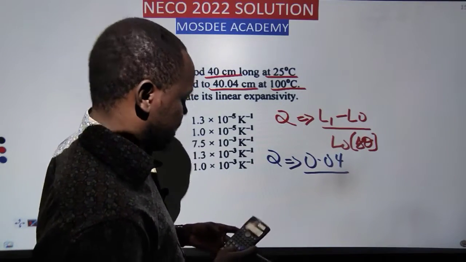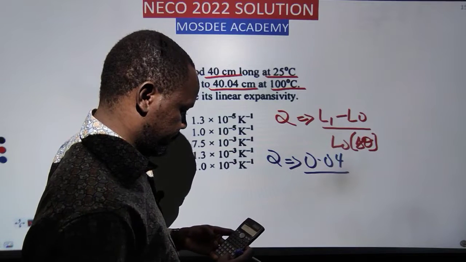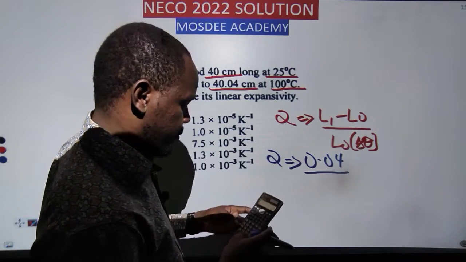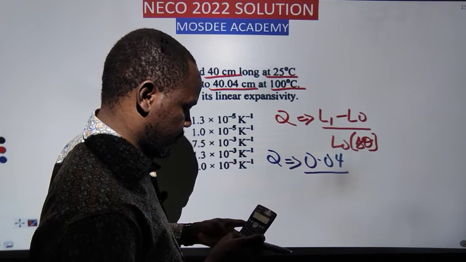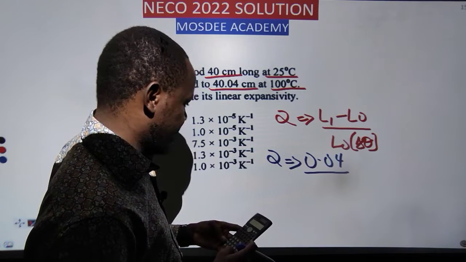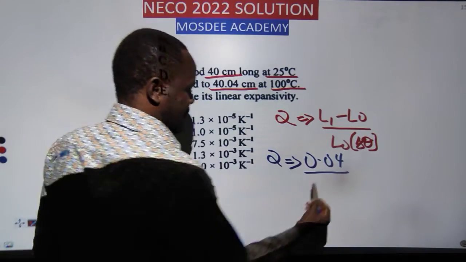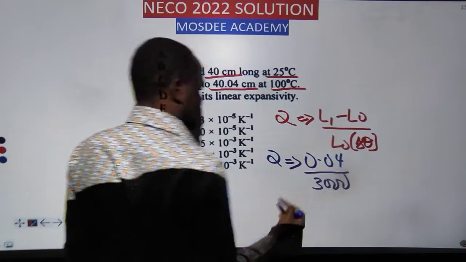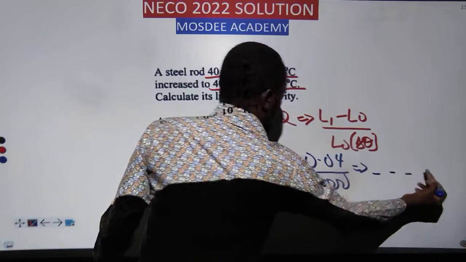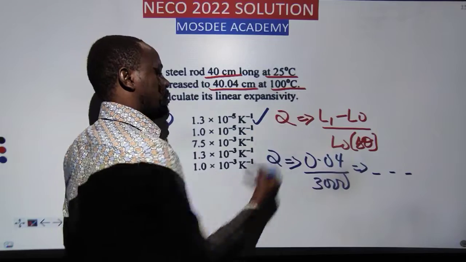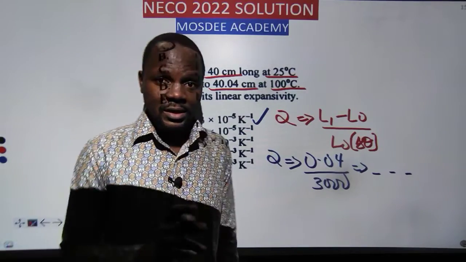So 40 times 75 is something like 3,000. So I have 0.04 divided by that answer. I'm having 1.33 times 10 to the minus 5. So the answer will be 1.3333 times 10 to the minus 5. And linear expansivity is measured in per Kelvin. Note that. It's very important.